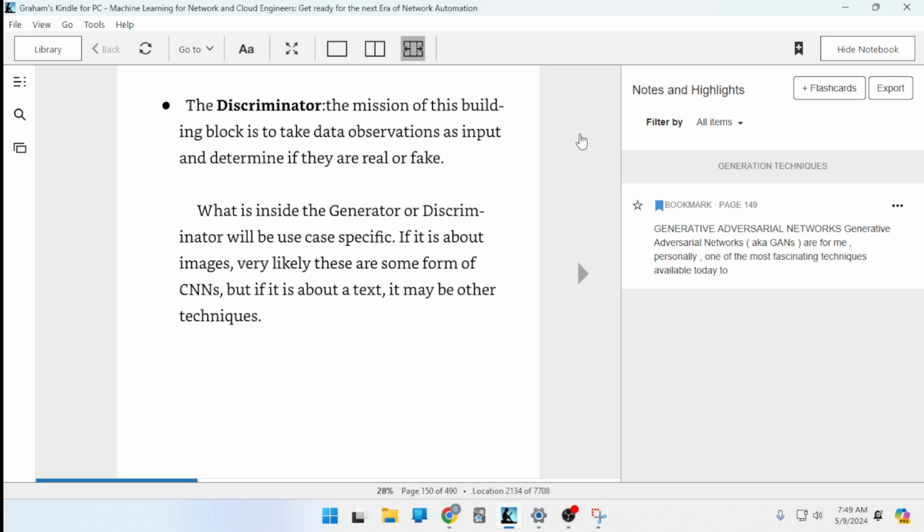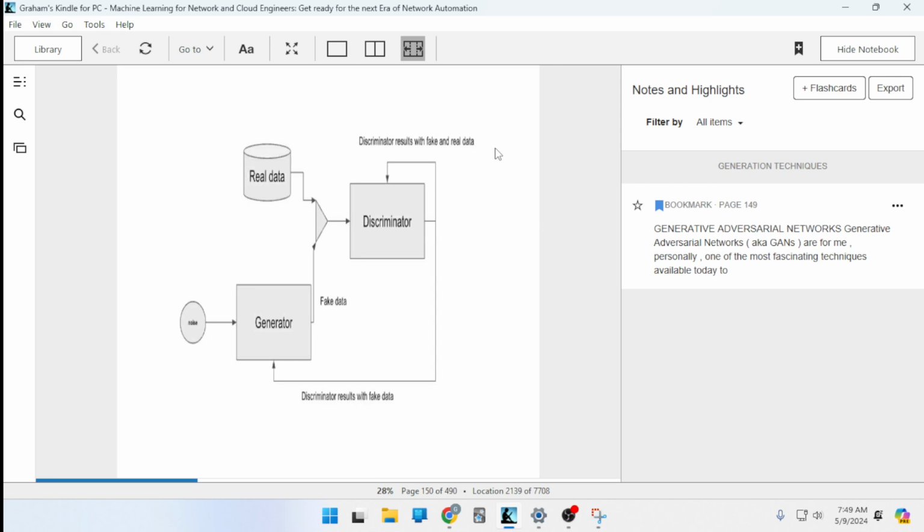The discriminator. The mission of this building block is to take data observations as input and determine if they are real or fake. What is inside the generator or discriminator will be use case specific. If it is about images, very likely these are some form of CNNs, but if it is about text, it may be other techniques.